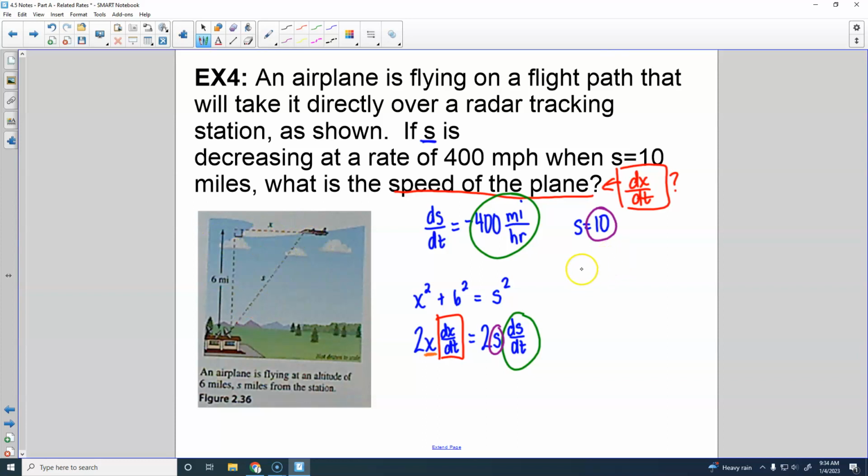I know that S is 10. I know this side right here is 6. I'm looking for X right there. X squared plus 6 squared equals 10 squared. So X squared plus 36 equals 100. X squared is 64. So X is plus or minus 8, but for this particular case, 8 is all we need.